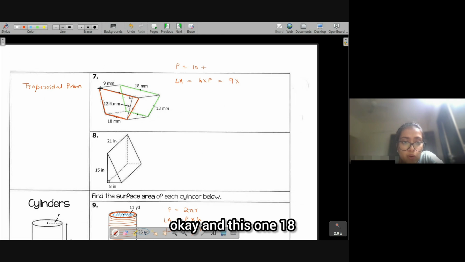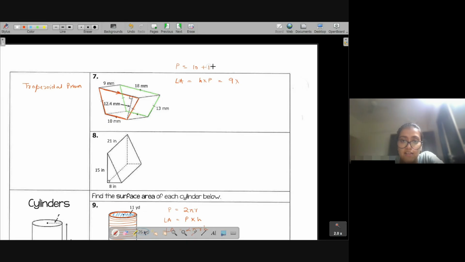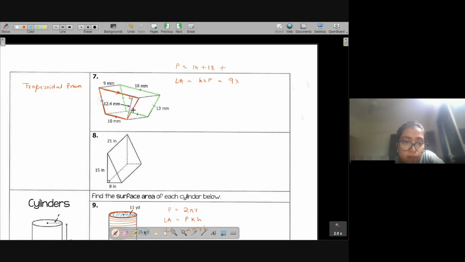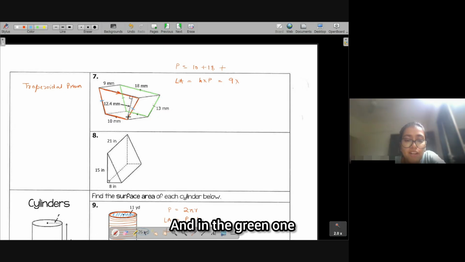And this one is 18. And they have given these small marks. That means the non-parallel sides are congruent. In the green one, they have given that this is 13. So this will also be 13, and the other side is also 13. So that is the perimeter.